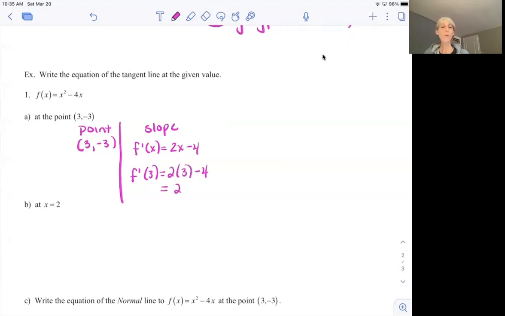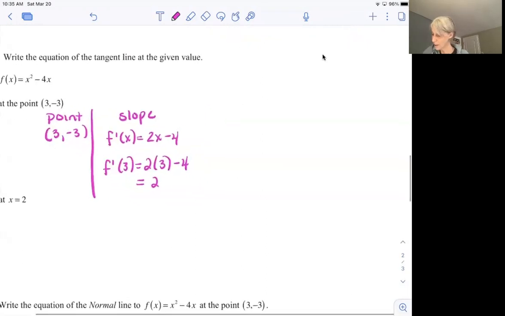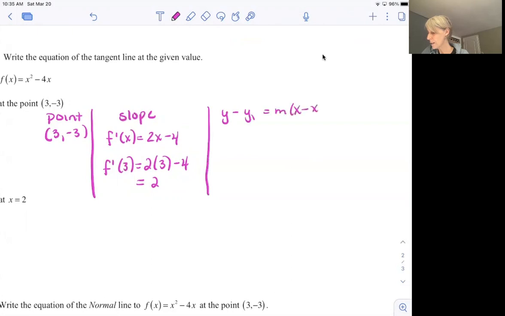So my slope is 2. And all I'm going to do is put that information together. y minus y1 equals m times x minus x1 into my point slope form. y minus -3, y plus 3 equals, my slope is 2, x minus 3.